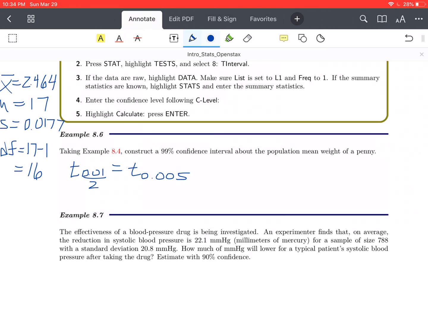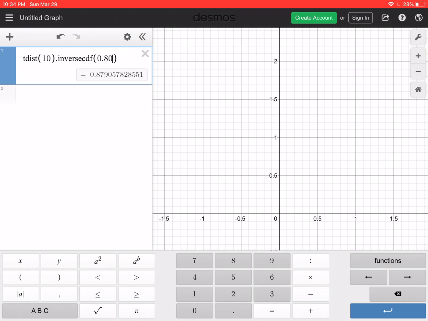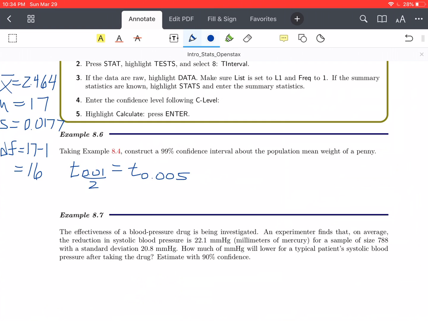If we find this on Desmos, we do tdist. This time our degrees of freedom is 16. And we're trying to find everything to the left, so that was going to be 0.995. There we go. So we have about 2.92.